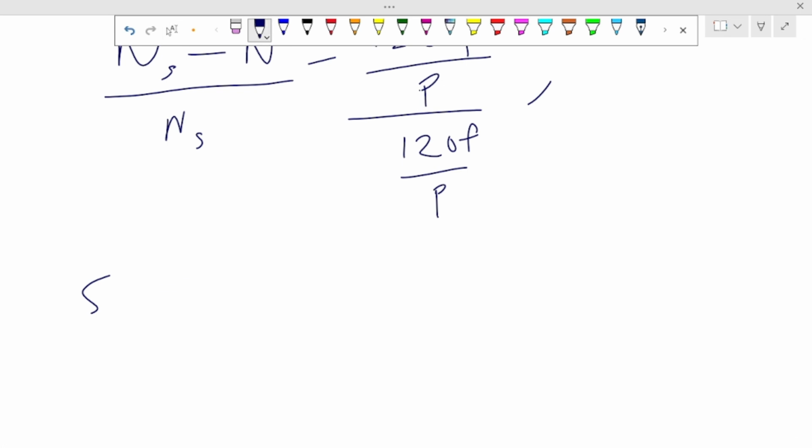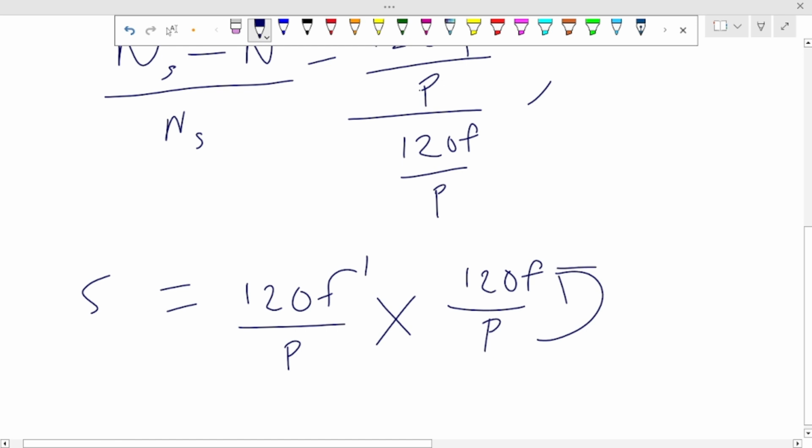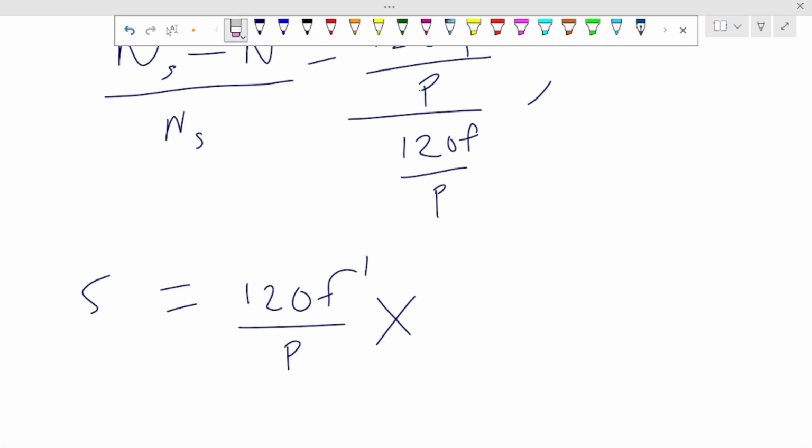S equals 120 F prime, divided by 120 F over P. And of course, we can just switch this over, like normal algebra. So here will become multiplication, and these guys will switch. We'll now have the P on top, and then we have the 120 and F under it.